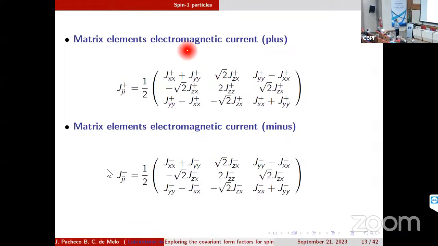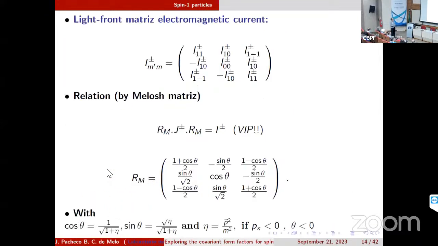Then I obtain in Cartesian spin basis the matrix elements for the current for the minus component, for the plus component. Then I use Melosh rotation, it's quite technical, to connect the matrix elements on the light front with the previous one.